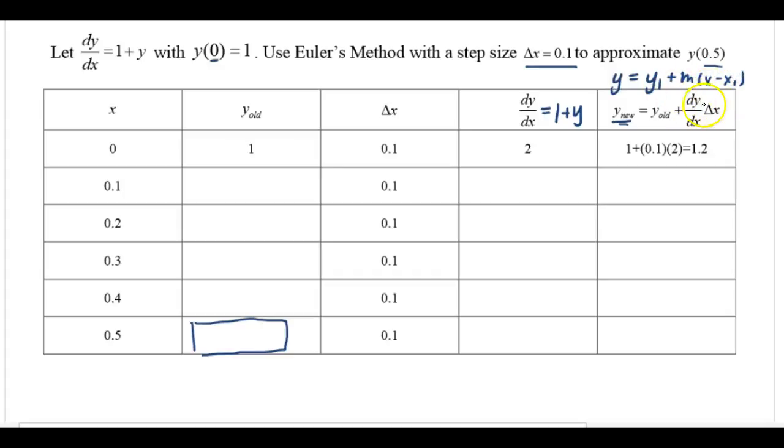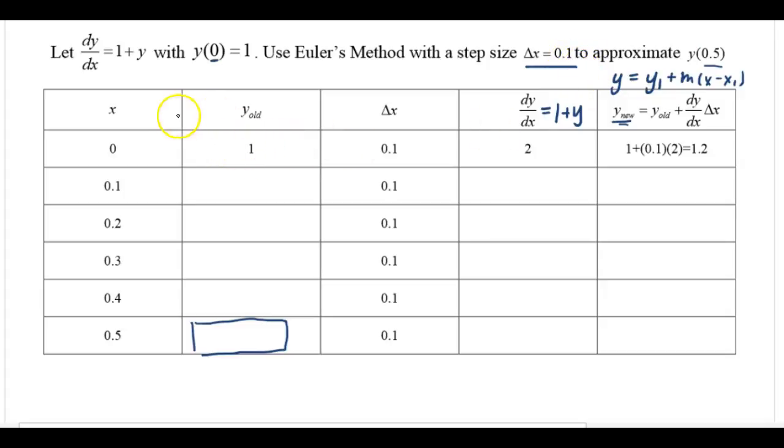That's exactly what this formula is. So it's just the original value plus the slope times the change in x to get me to a y new every time, so that I'm hugging that curve and getting a better approximation for y of 0.5 if I move with these really small step sizes of a tenth every time.